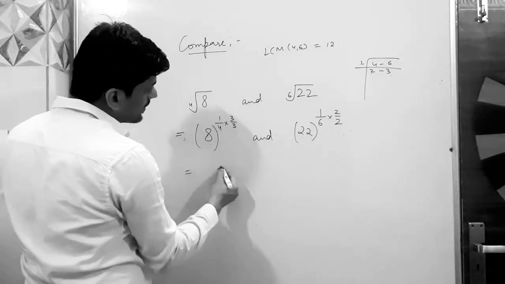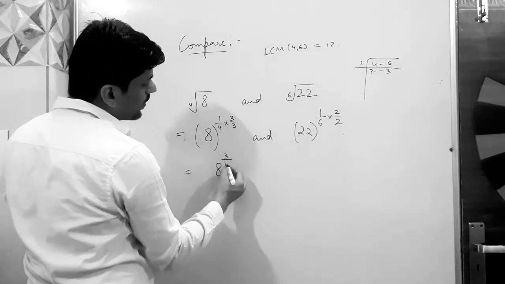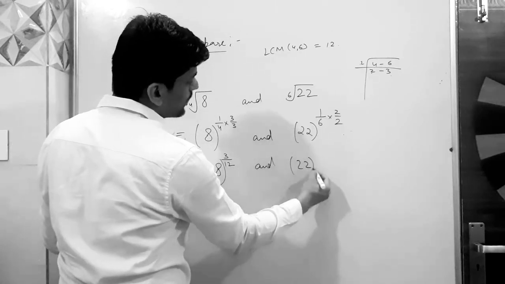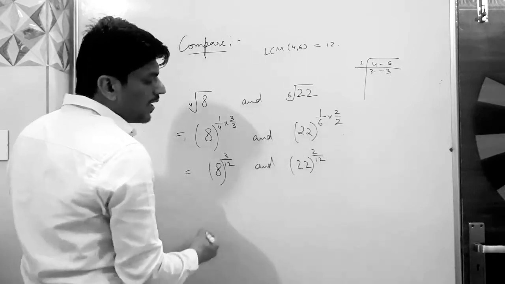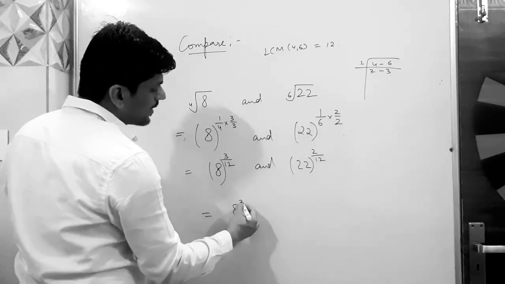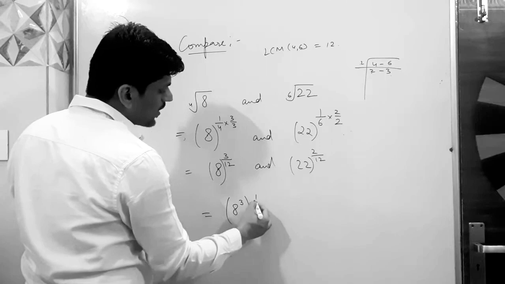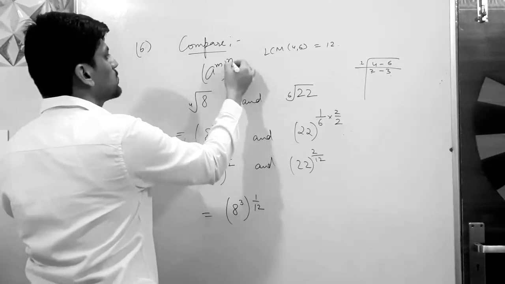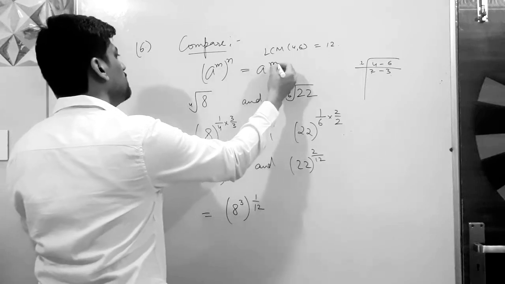So now it is 8 raised to the power 3 over 12, right? And this becomes 22 raised to the power 2 over 12. Now I can write it as 8 raised to the power 3 into 1 by 12. We know that a raised to the power m, bracket raised to the power n, becomes m times n.